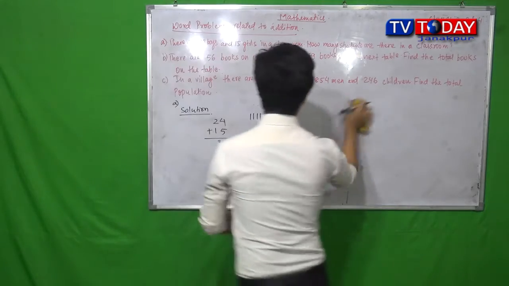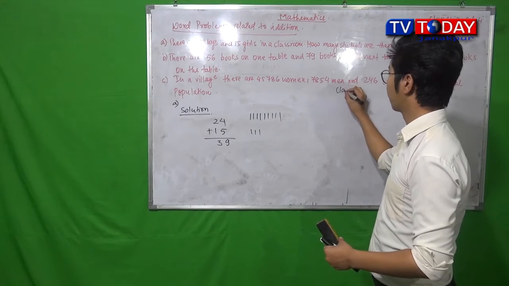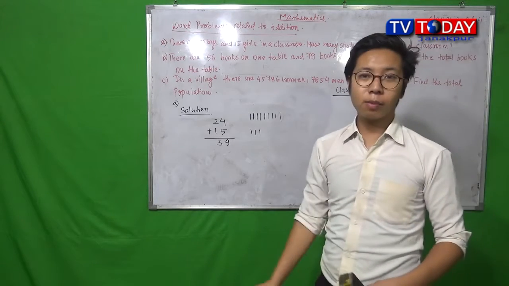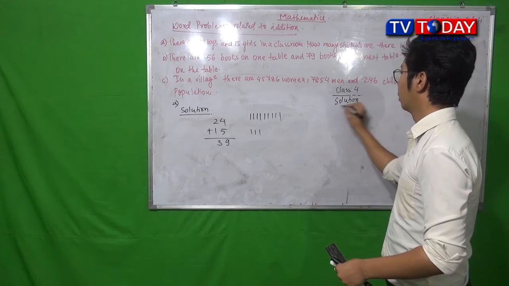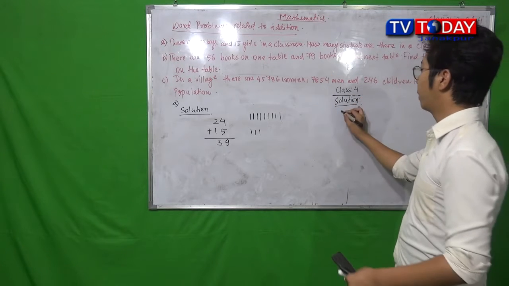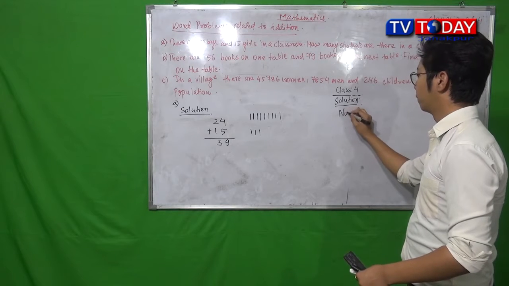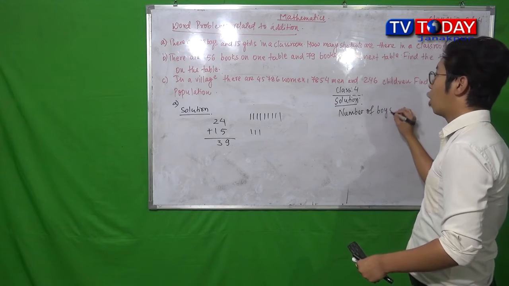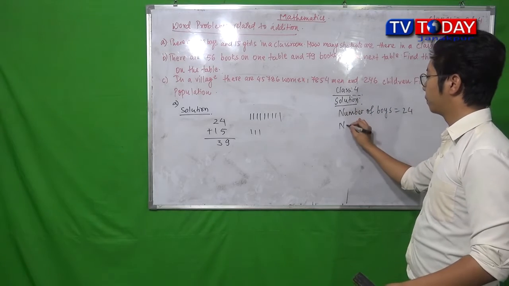But for the students of class 4, you have to write the word problem also, like solution. You have to write number of boys. How much? 24. Number of girls?